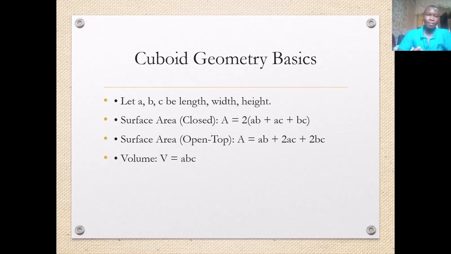So the geometric part of this cuboid model: we have the dimensions A, B, C as the length, width, and height respectively. Then the surface area of the closed one, that is the formula, and the surface area of an open top, that is the formula, and the volume V is equal to A times B times C, also that is the formula.